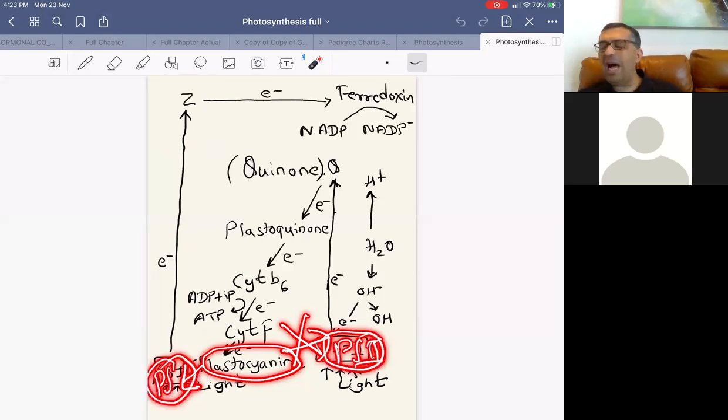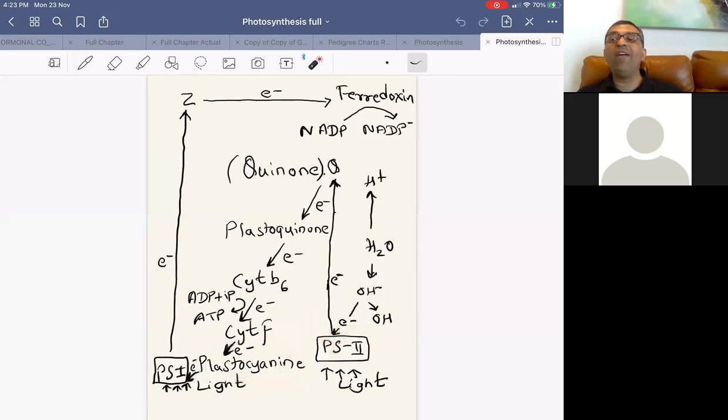And plastocyanine donates the electron to PS1 and brings PS1 into a ground state.